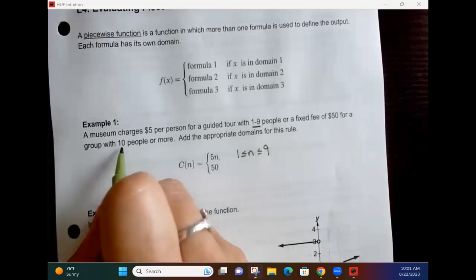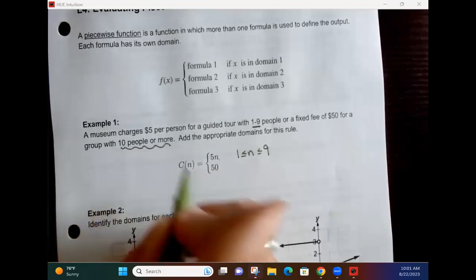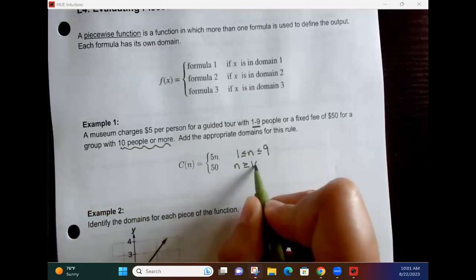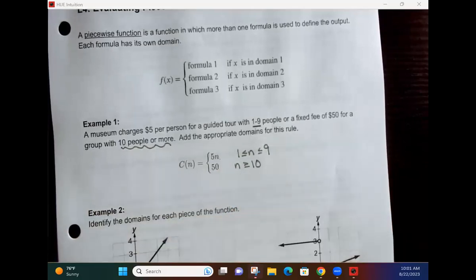If I've got 10 or more, so if my domain is greater than or equal to 10, then it is a flat fee of $50 for that group. So different things happen based on our domain.